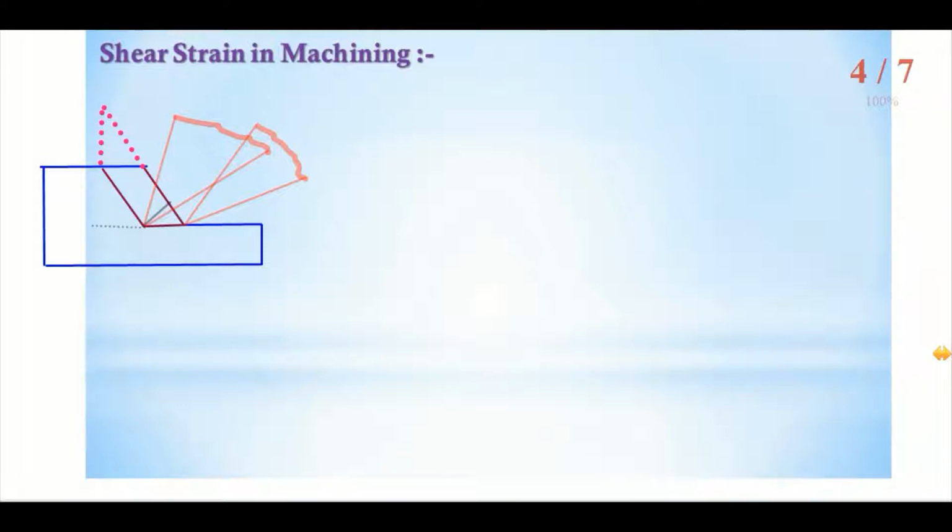Now whenever we do the machining process, at that point we apply force by using this cutting tool, so that we remove the material from this original surface to get the required machined surface in the workpiece.